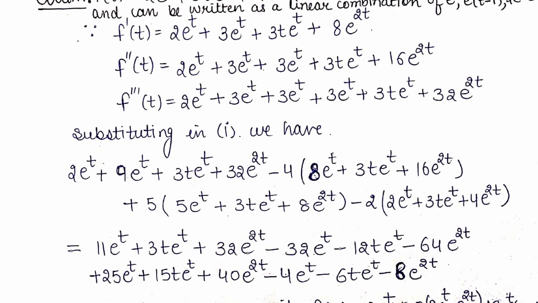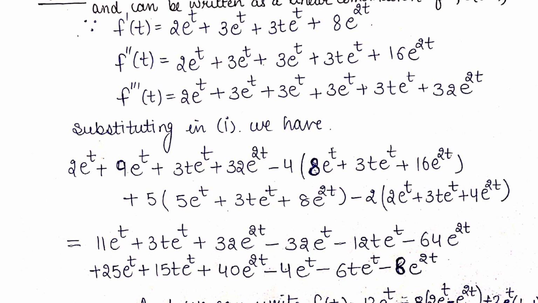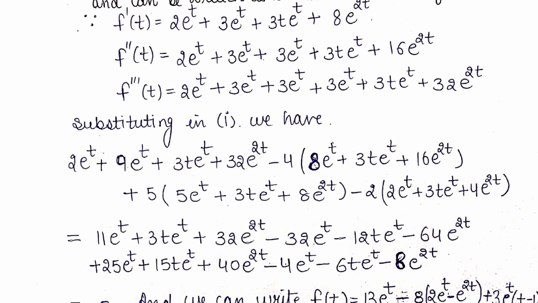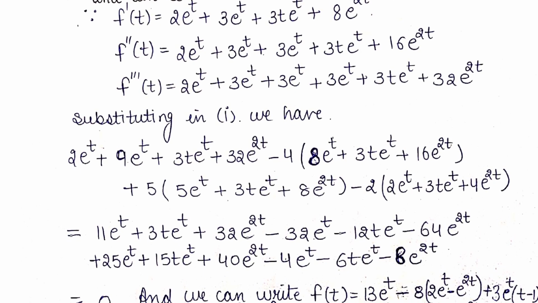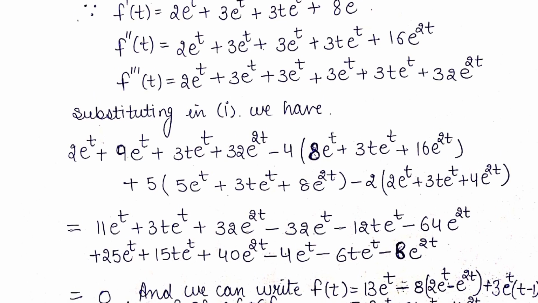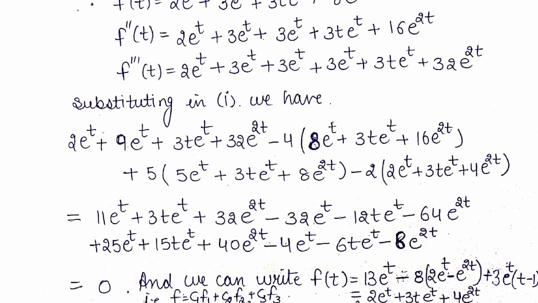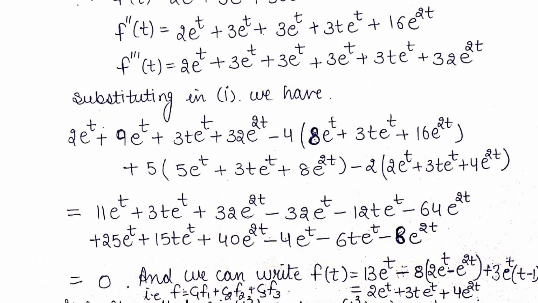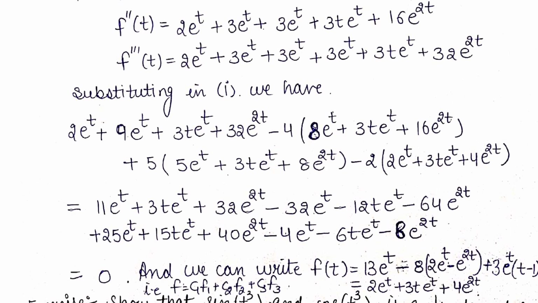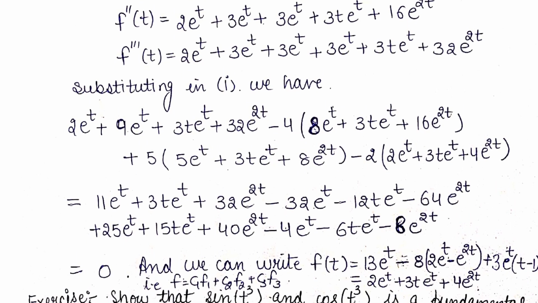Then f(t) becomes C1 f1 plus C2 f2 plus C3 f3. That is, f(t) can be written as a combination of these three functions, where f1 is exponential t, f2 is exponential t minus 1, and f3 is 2 exponential t minus exponential 2t.